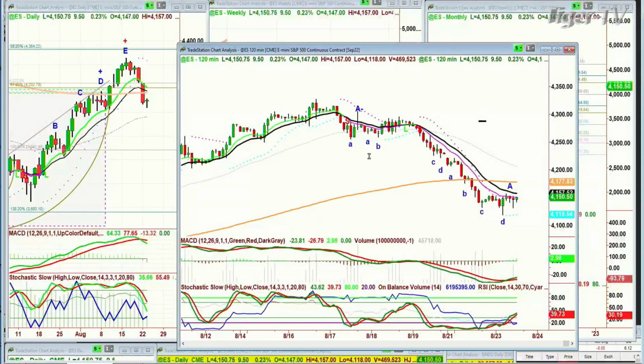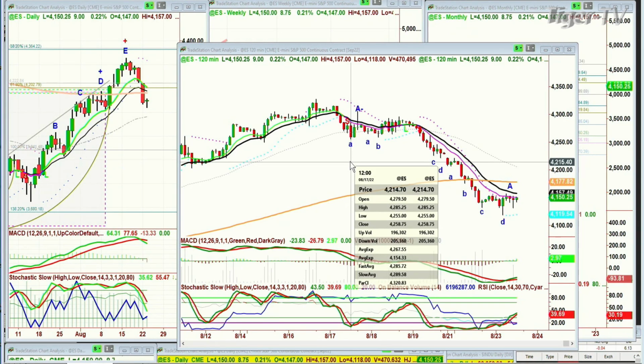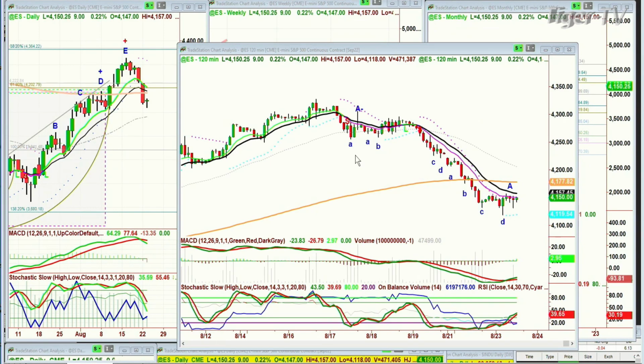So if that was the case, then you would go right there, that was at noon on the 17th. And then what happens is it rallies and it fails.